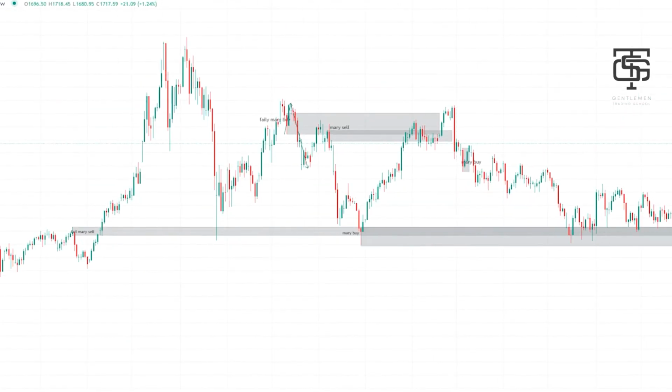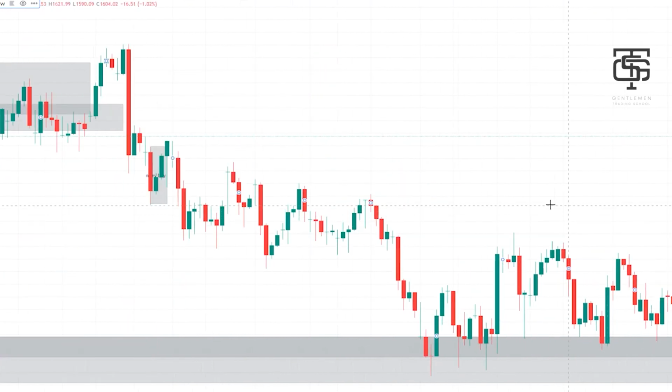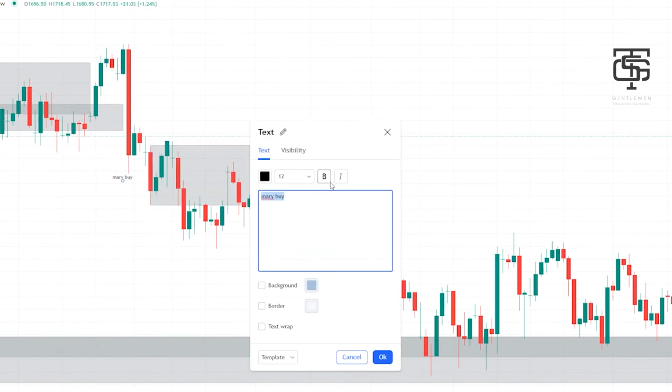So remember, we are looking for Fail Marry Buy. In this case, we have this candlestick which starts off as our Marry Buy, but what happens next is this Marry Buy becomes a Buy Marry Fail, which is what we are looking for.